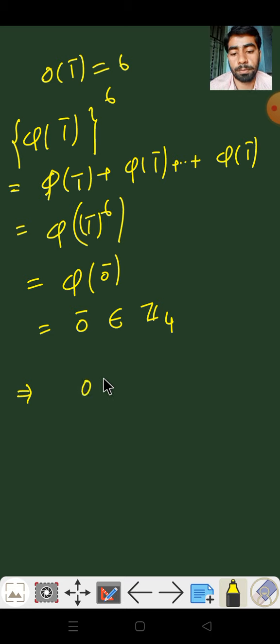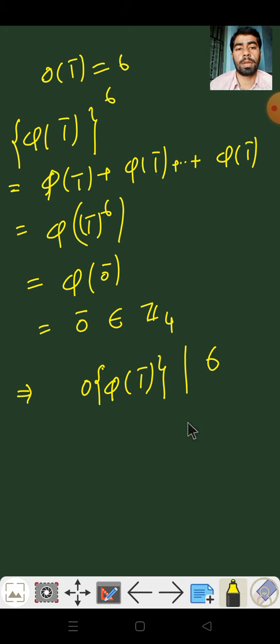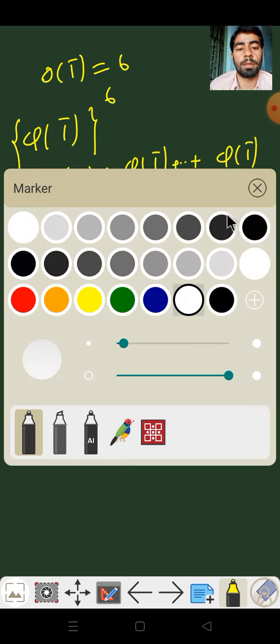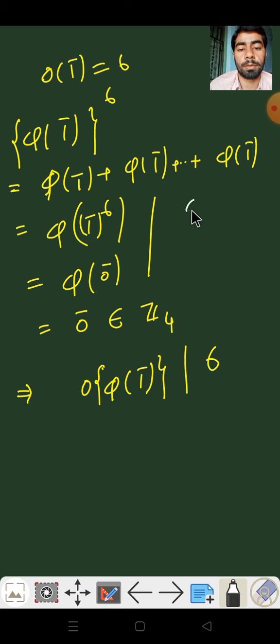order of phi of class 1 divides 6, because we do not know the actual order of phi of class 1, which belongs to Z4.